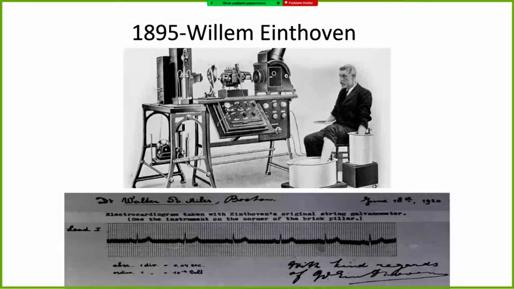This is the first electrocardiography recording device, almost as big as 2 people. Here is Wilhelm Einthoven, sitting with his 2 arms and 1 leg in some kind of buckets.